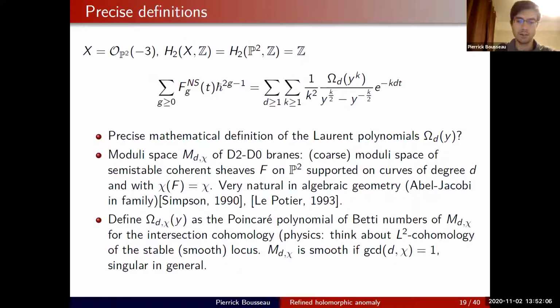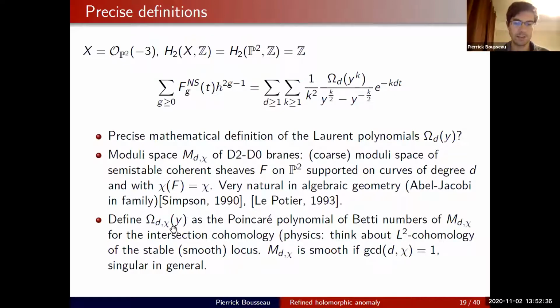And in fact, from a physics point of view, it's reasonable because when the space is singular, what you mean is that you should really look at the smooth locus, which corresponds to strictly bound states. And then when you try to quantize this moduli space, you should look at something like L2 cohomology of this space. This space is not compact, because when you want to compactify, you add marginally bound states, and then you need to impose some natural L2 conditions.